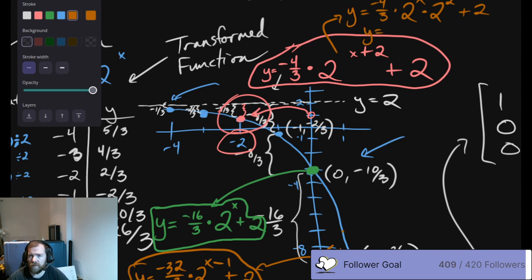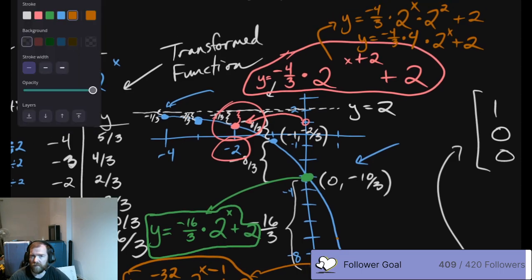And then this is y equals negative 4 thirds times 2 squared, which is 4, times 2 to the x plus 2. What is that? That's y equals negative 16 over 3 times 2 to the x plus 2. Oh, look at that. That's the same thing.